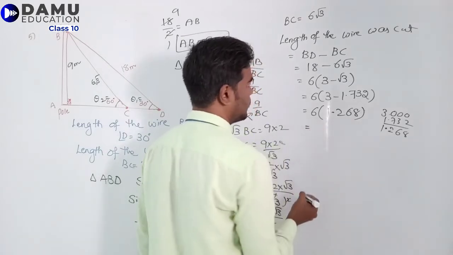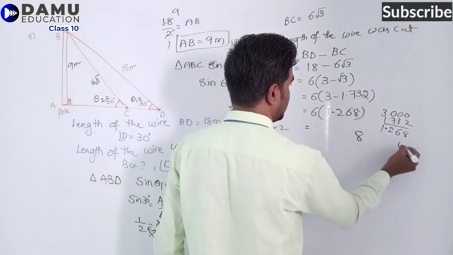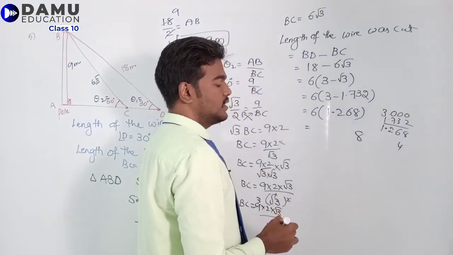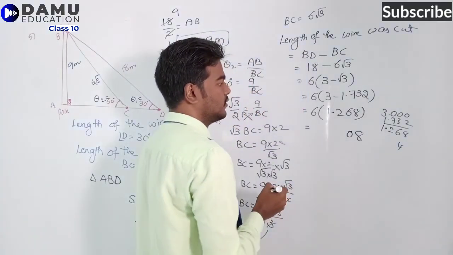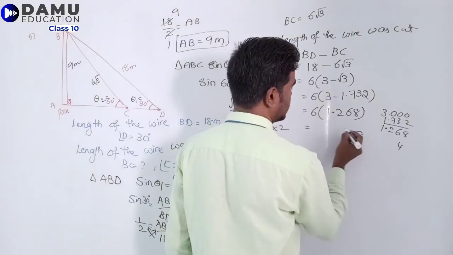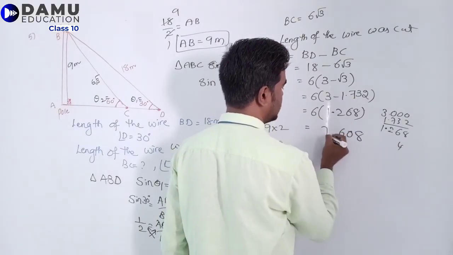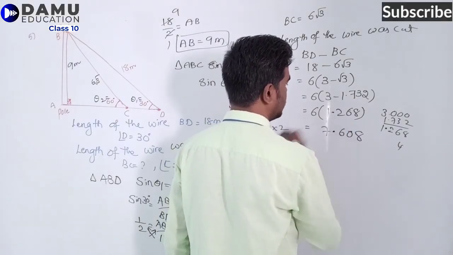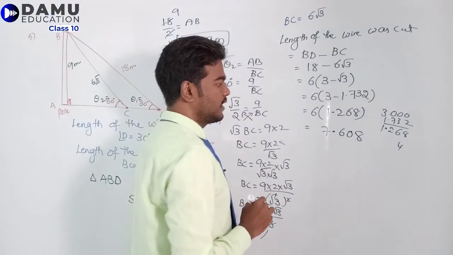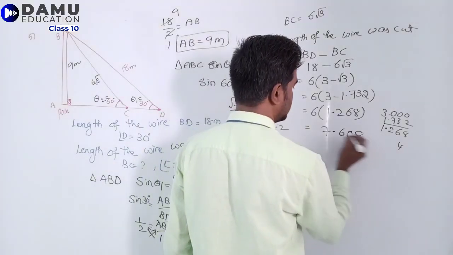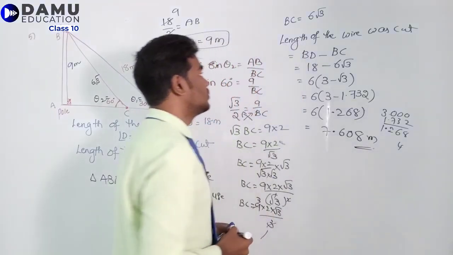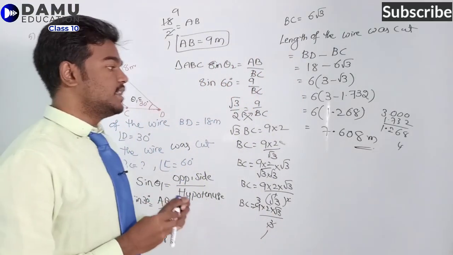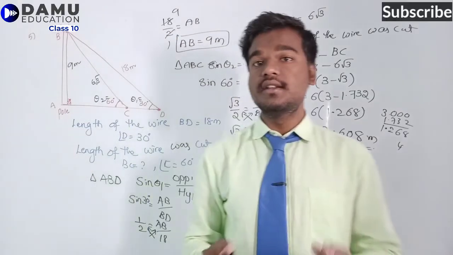So let's multiply 6 into 1.268: 6 times 8 is 48, 6 sixes are 36, 6 twos are 12, 6 ones are 6, which gives 7.608 meters. So this is the answer: the length of the wire that was cut is 7.608 meters.